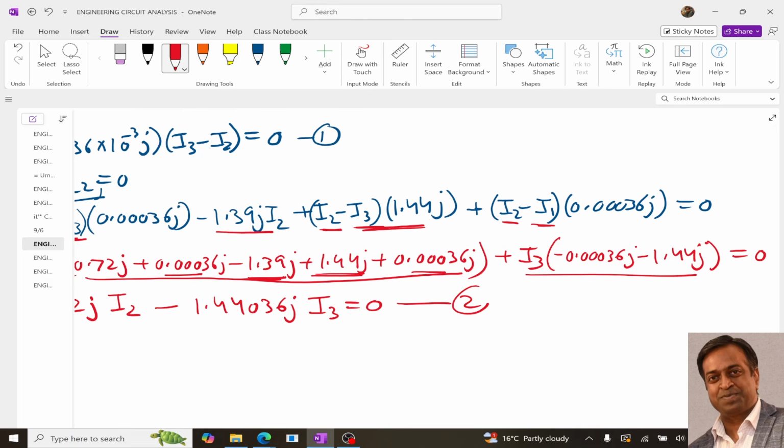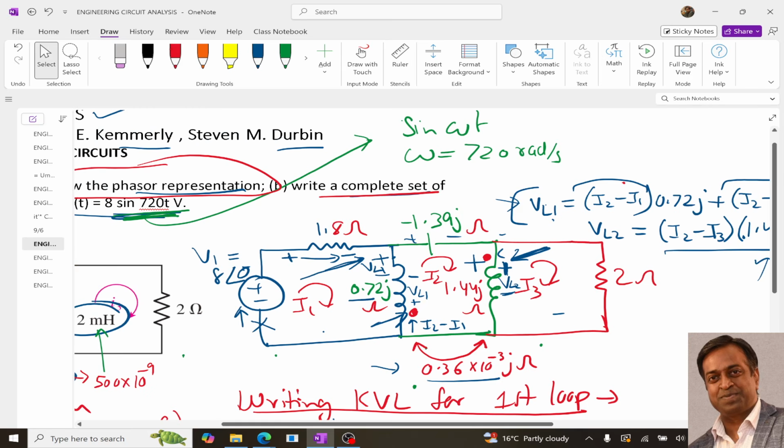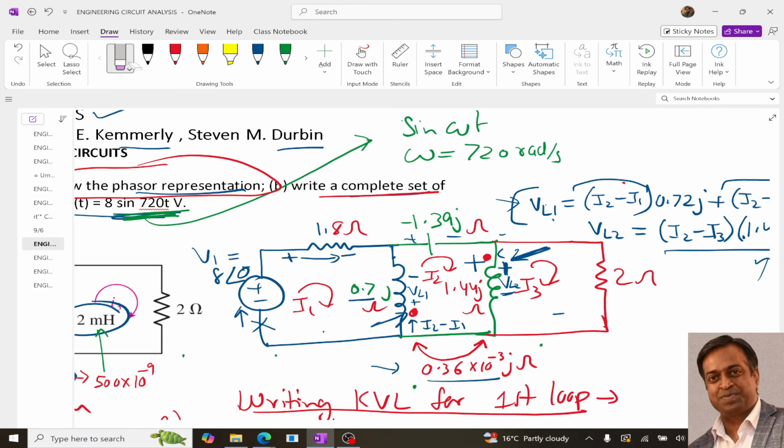Let me check it once again, right. Over here we have put this VL1, looking at the circuit.